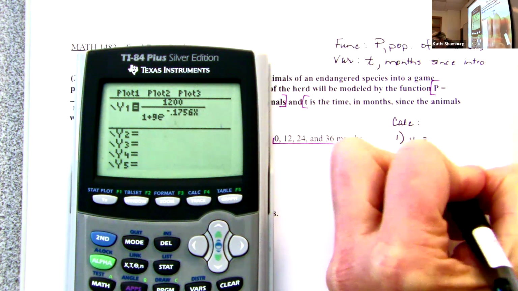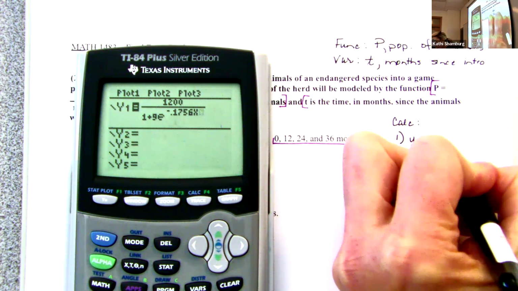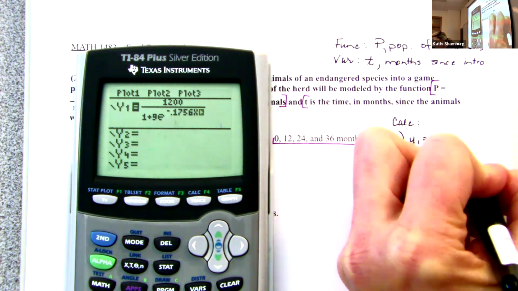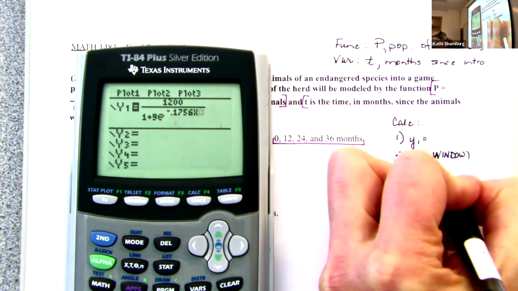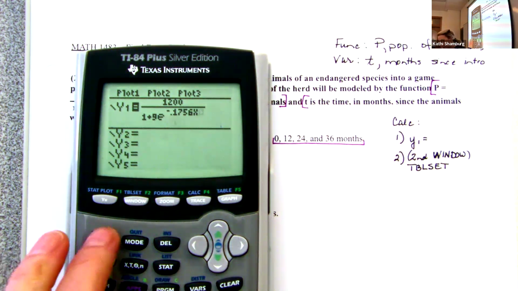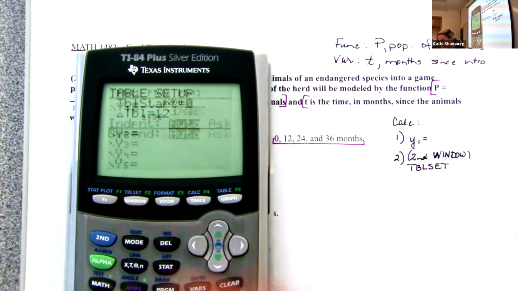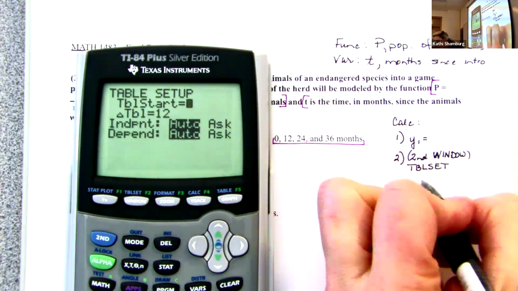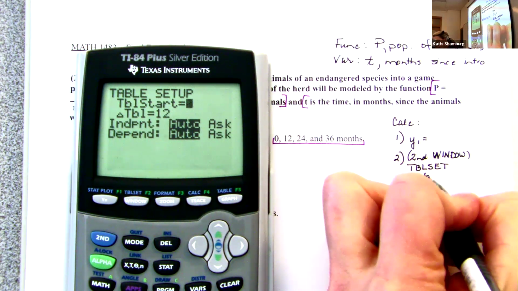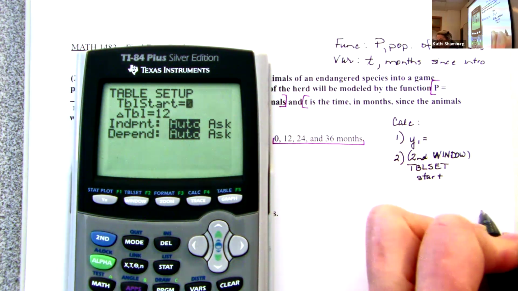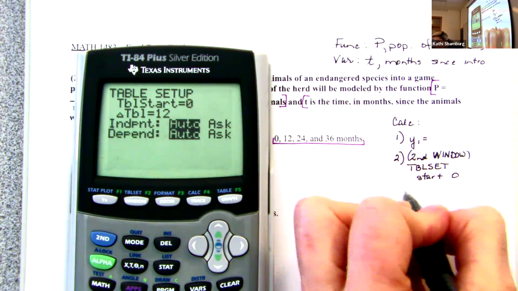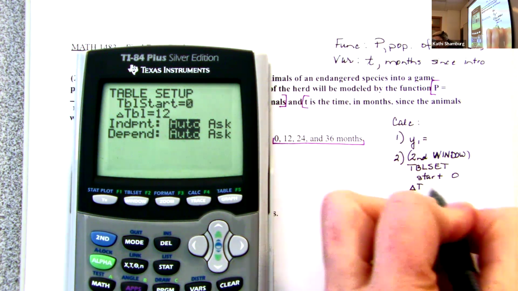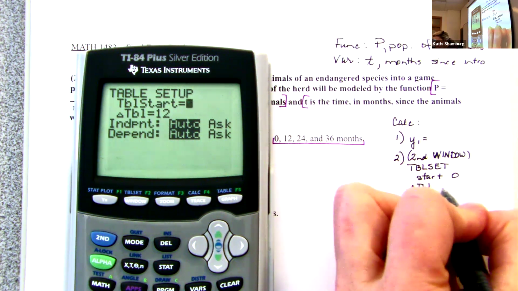Do this if you need to. Window, which is table set. And then it wants where we start. So where would we start at? 0. And then the triangle means the change in the table.